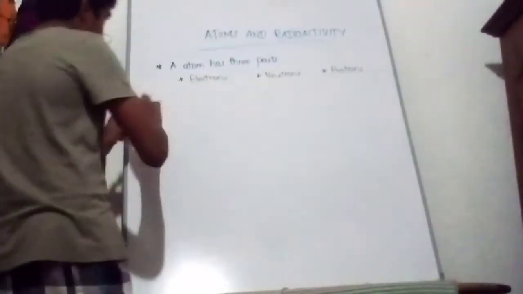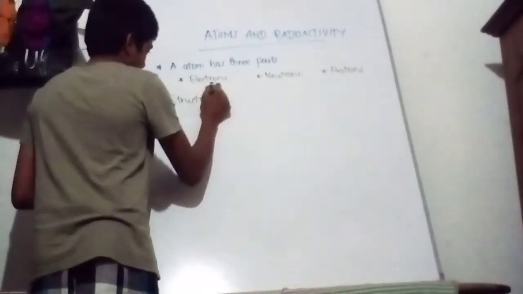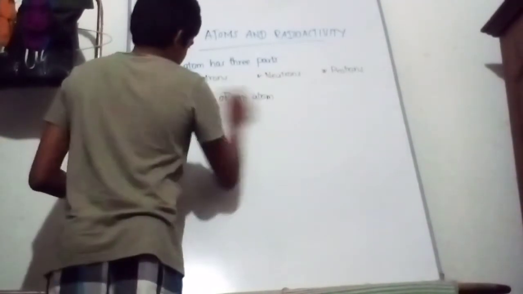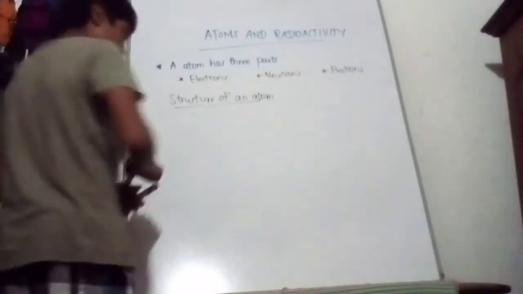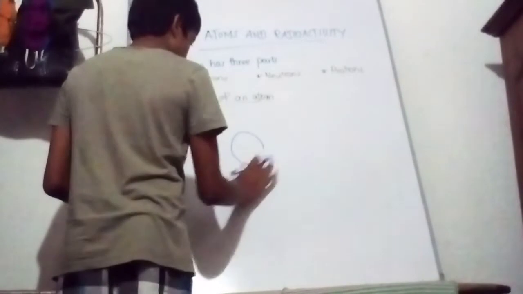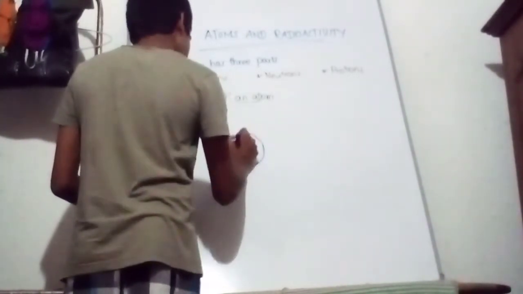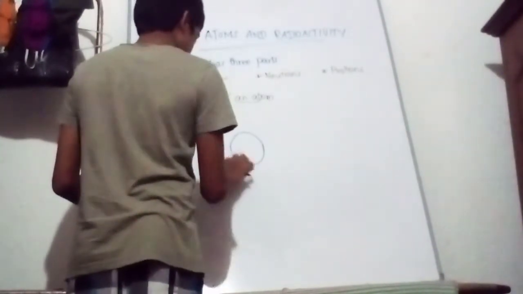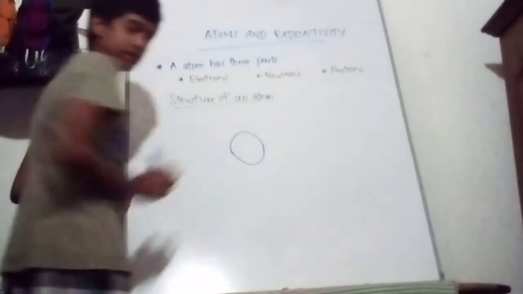So if I'm going to draw a structure now, the structure of an atom is very simple. We will have to draw a small circle-like thing, but they trust that atoms are in a sphere shape, though it is not a sphere.